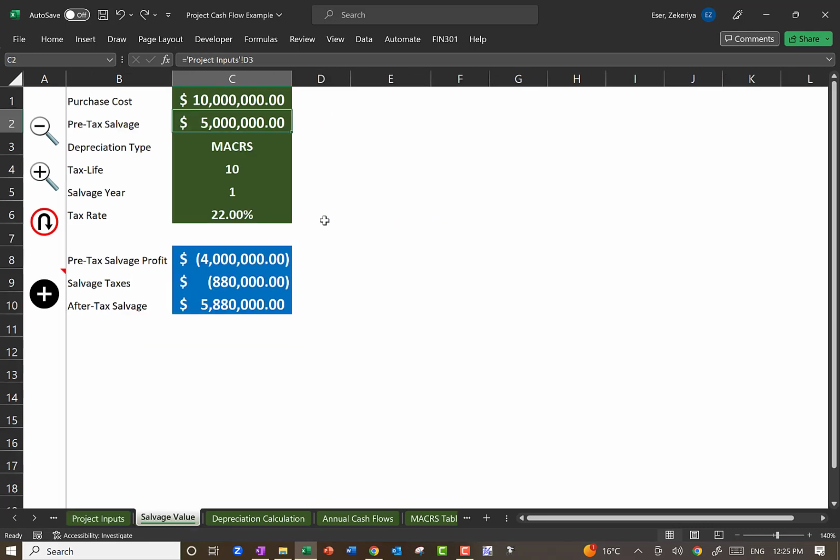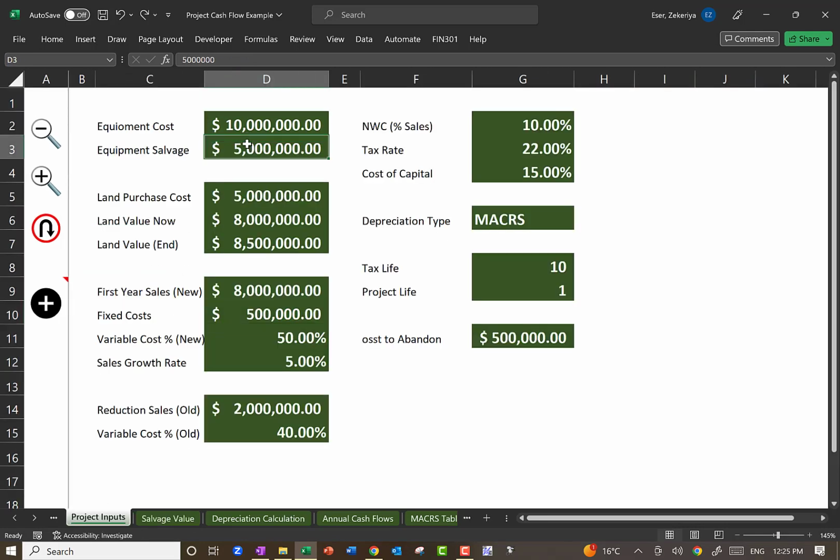Oops. Let's do it on the inputs. Project life is not us to abandon, cost to abandon.